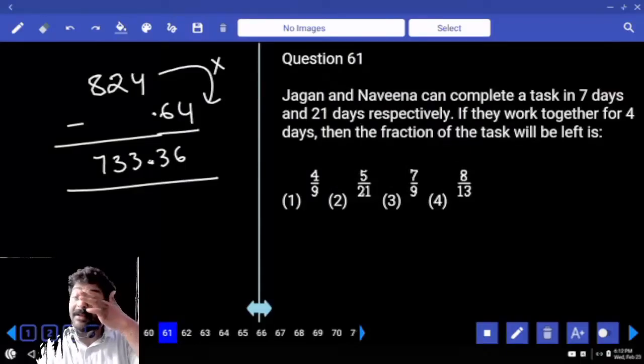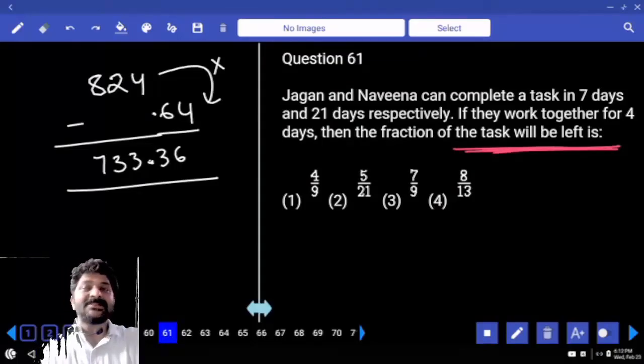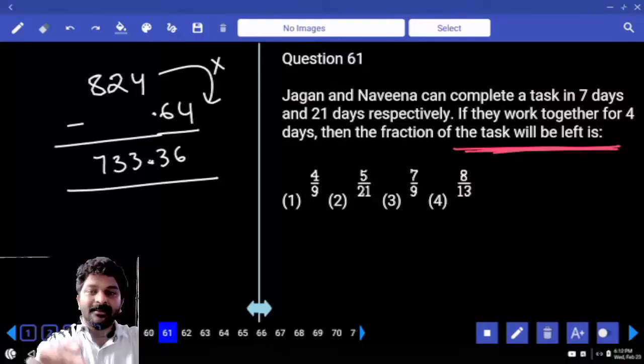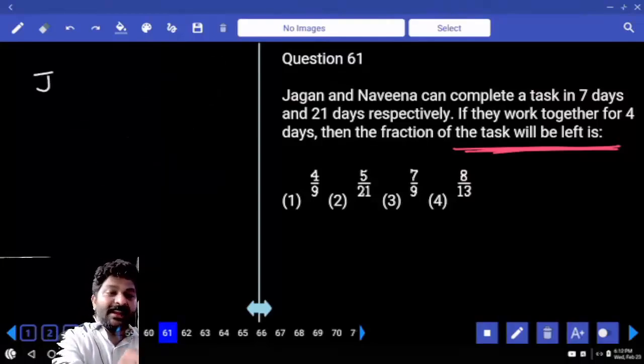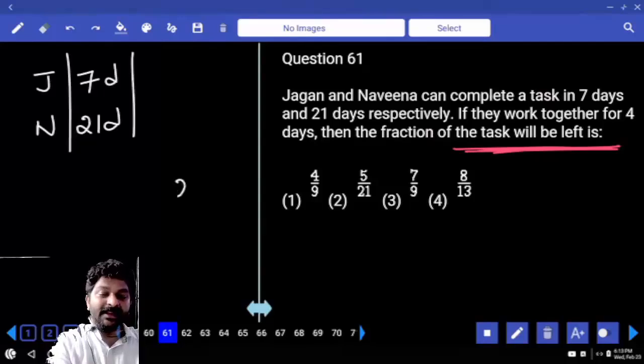Jagan and Navina can complete a task in 7 days and 21 days respectively. They work together for 4 days, then the fraction of task that will be left is? That means we were asked to calculate the remaining work. Jagan can do the work in 7 days. Navina can do the work in 21 days. What is the LCM here? 21.